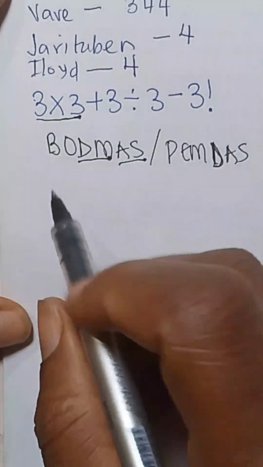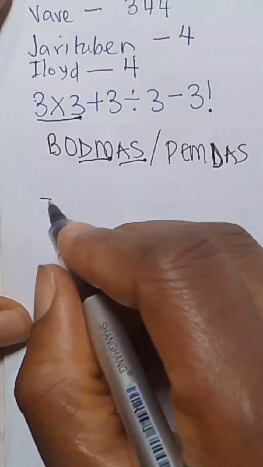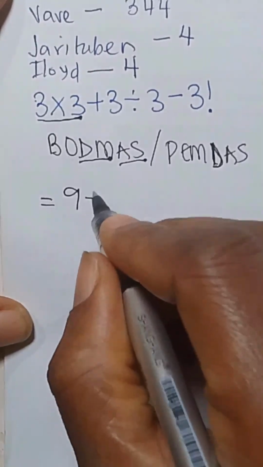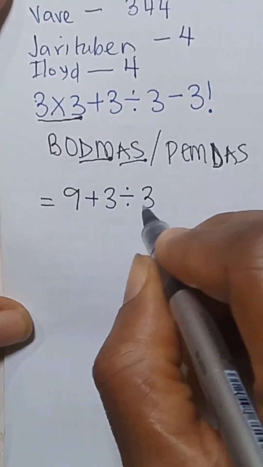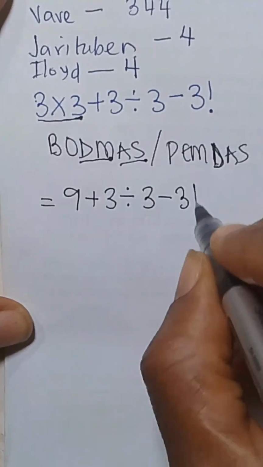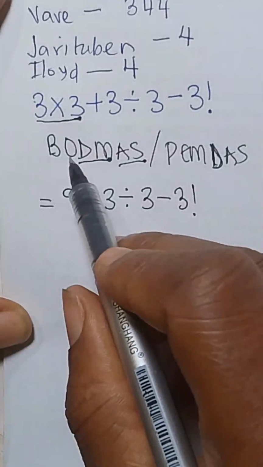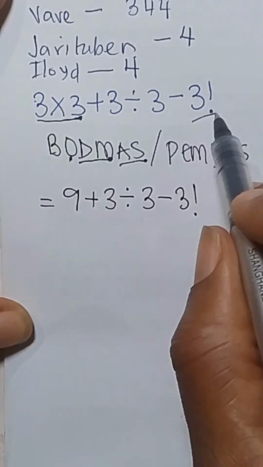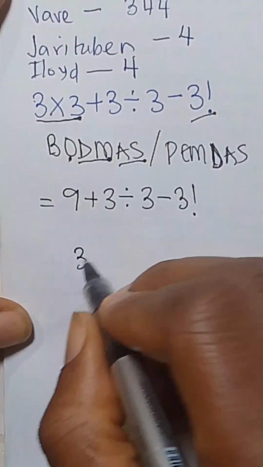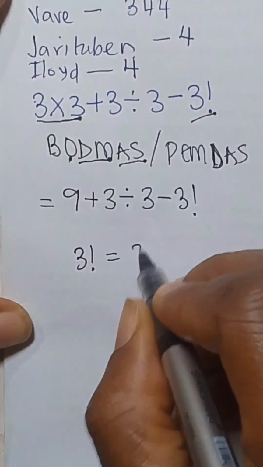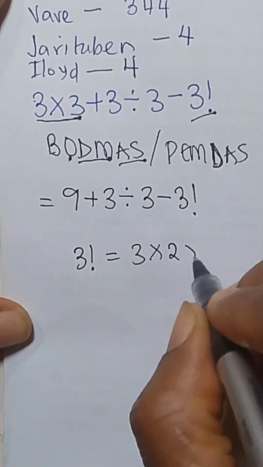We'll start from here. We have 3 times 3 is 9, plus, we write everything as it is so that we know how we're applying it, minus 3 factorial. And the next one is order. This falls under order, and this is 3 factorial. 3 factorial is equal to 3 times 2 times 1.